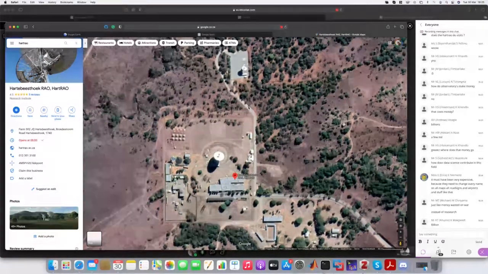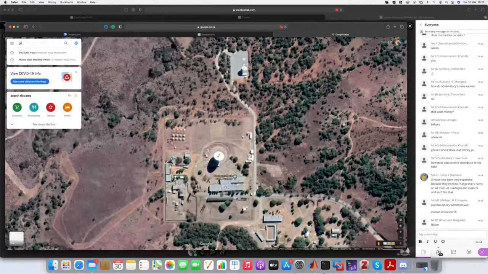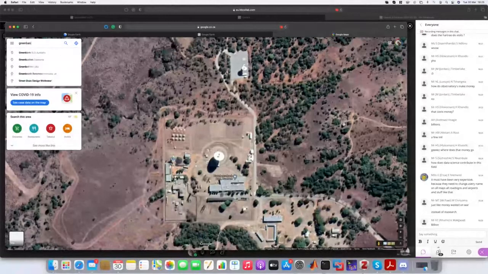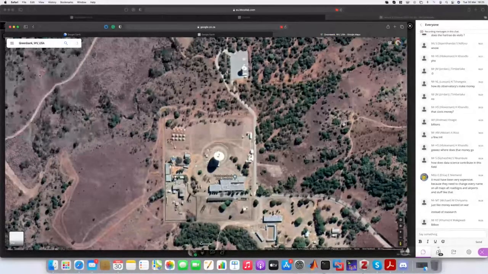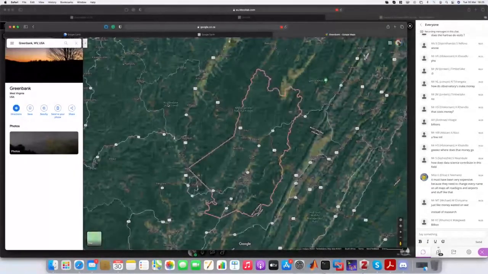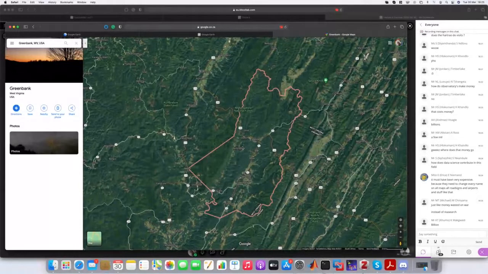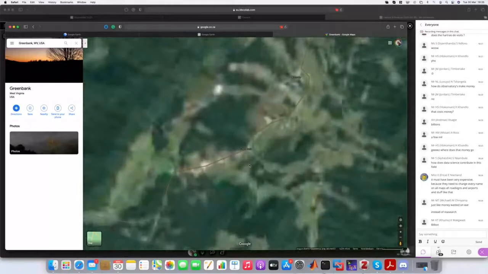So if you think about it, let me show you this site. Now we're a bit off topic, but this is really interesting. I'm going to show you this topic. Greenbank, West Virginia, where I spent a lot of time as well. I'm going to go to Greenbank.